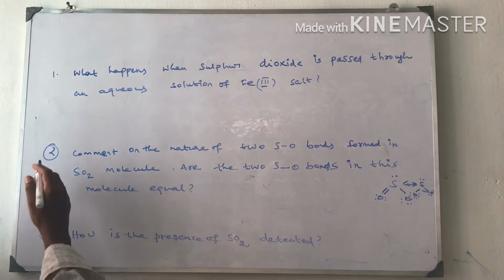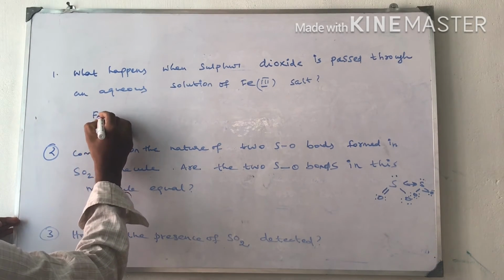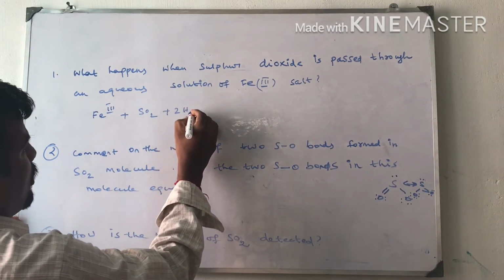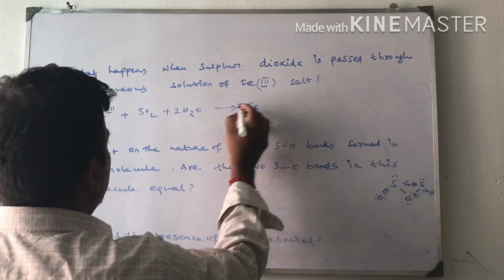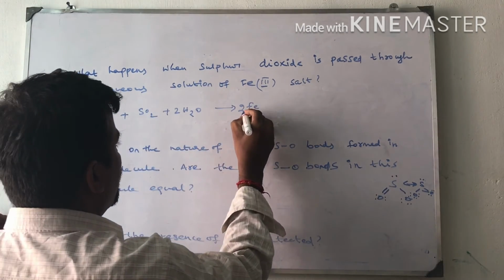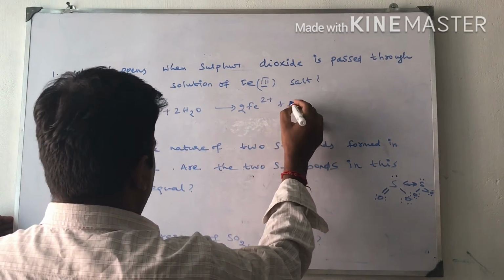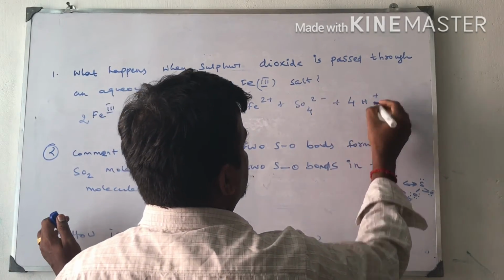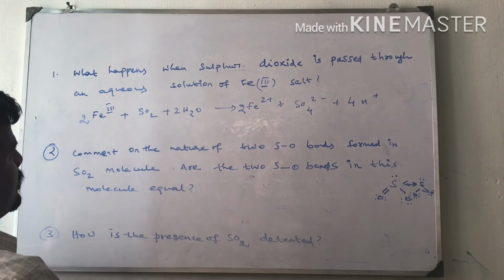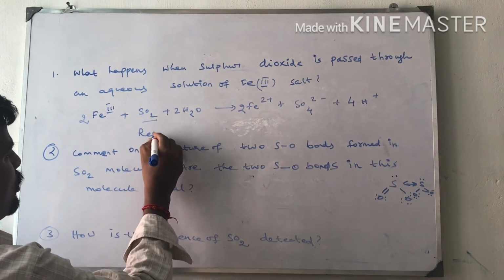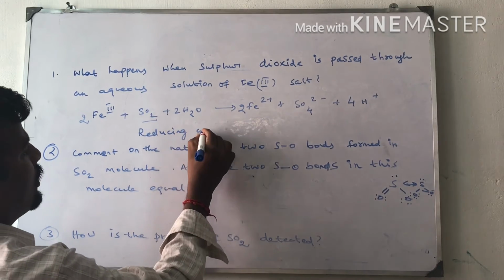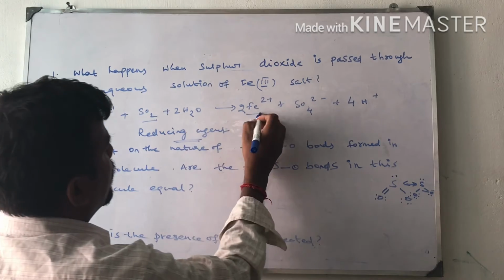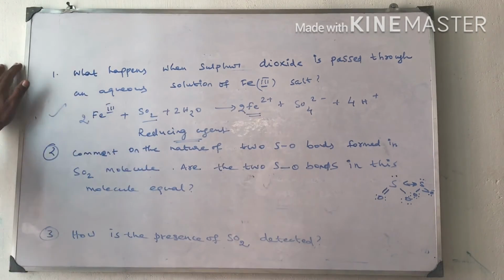Here Fe3+ reacts with SO2 in the presence of water to produce 2Fe2+ plus SO4 2- plus 4H+ ions. In this reaction, sulfur dioxide acts as a reducing agent. It reduces iron 3+ into iron 2+. This is the answer for this question.